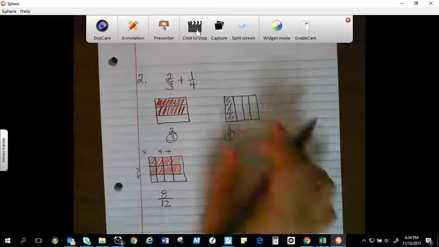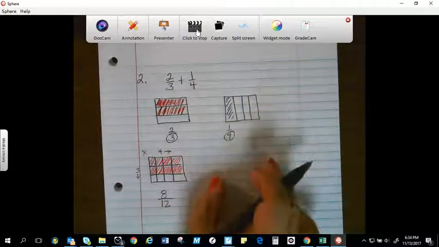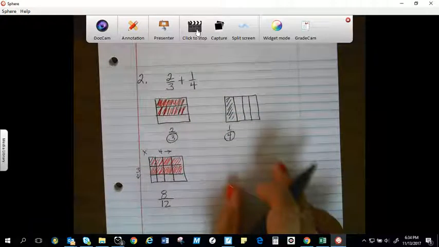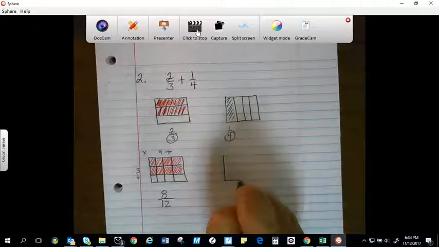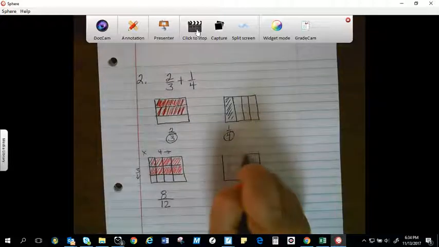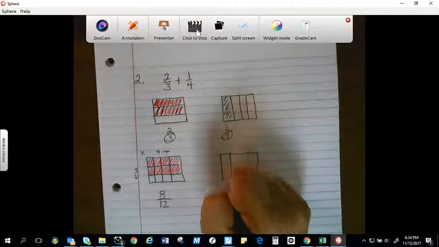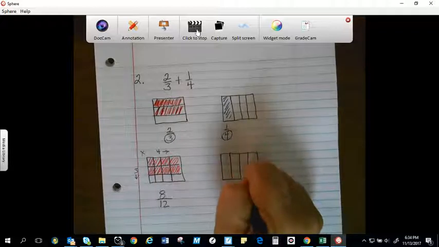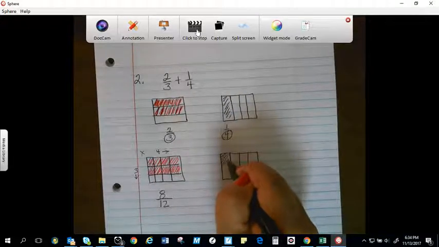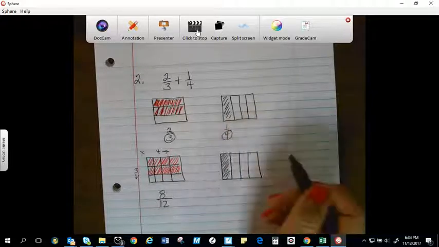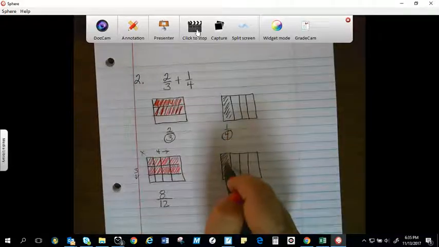Now I'm going to do the same design here and bring this down, and then I'm going to move this one right over here. So I'm going to draw my 4th chart. And here I had 1/4, and now I needed to draw my 3rds.